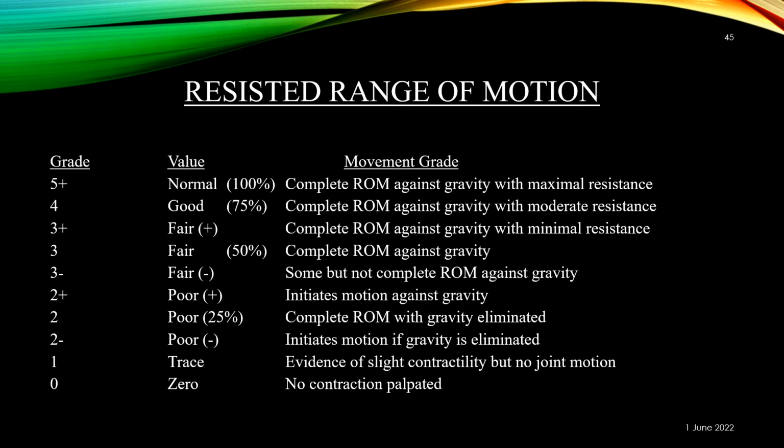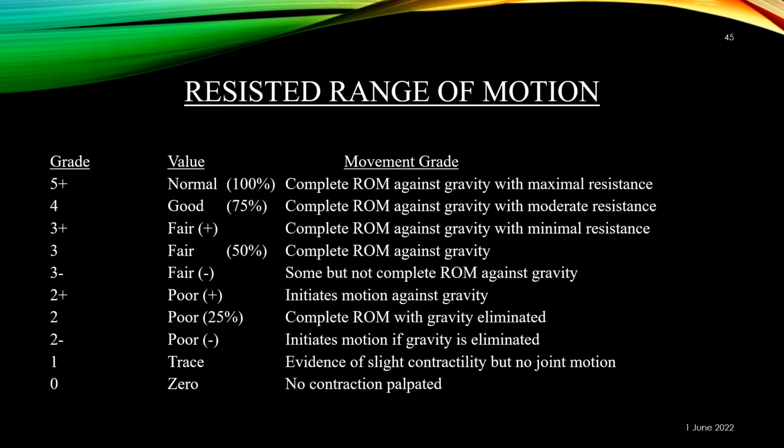Now coincidentally, you count from 5 to 0 and grading is from 5 to 0, but it has really nothing to do with that. It's more of a judgment call. You just have to hold it for 5 seconds. Don't assume that if they stop at 2, like when you say 5, 4, 3, 2 and then they collapse, they just let the arm go, saying I can't do it anymore, that means the grading is 2.